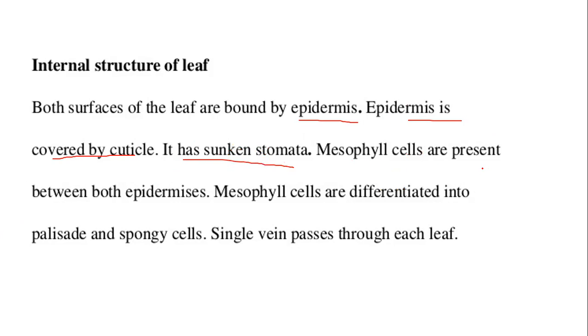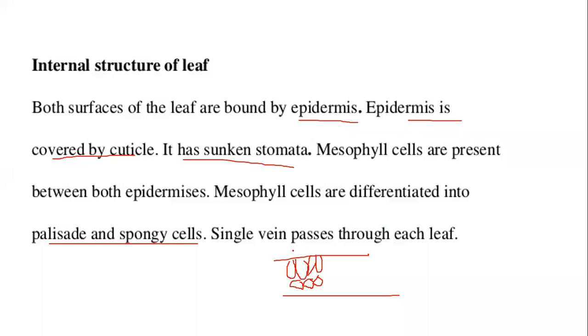And the mesophyll cells in the center lie between both the epidermis. The mesophyll cells are differentiated into palisade and spongy tissue, just like in higher angiospermic plants. So these form the palisade tissue, what I am drawing here, and below that you can see the spongy cells, which are very loosely arranged.